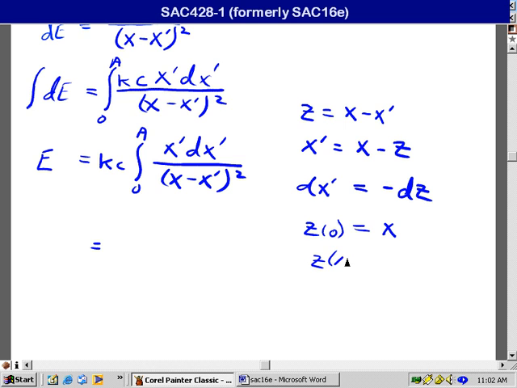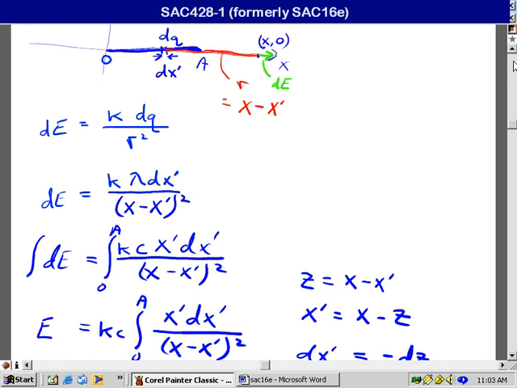And when x prime, my original variable of integration, is equal to a, I get z is equal to x minus a. So the limits of integration for my integration over z are x up to x minus a.